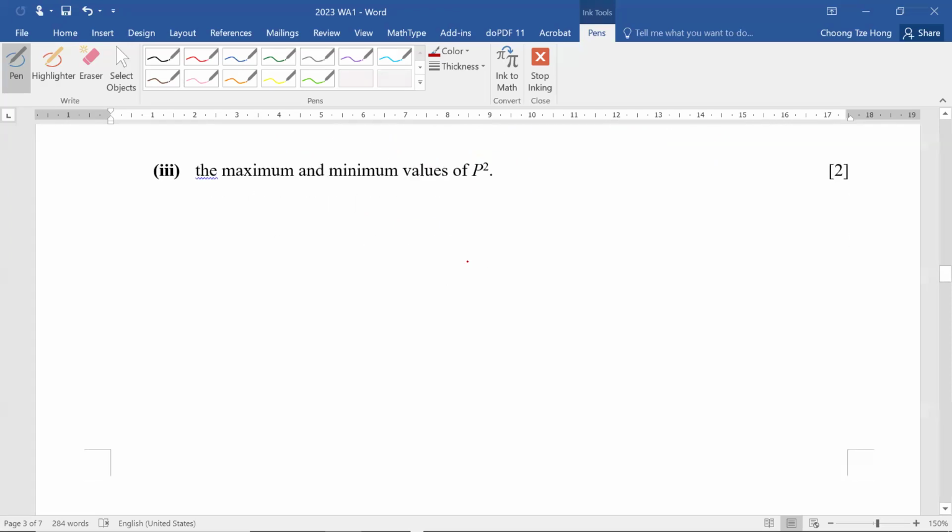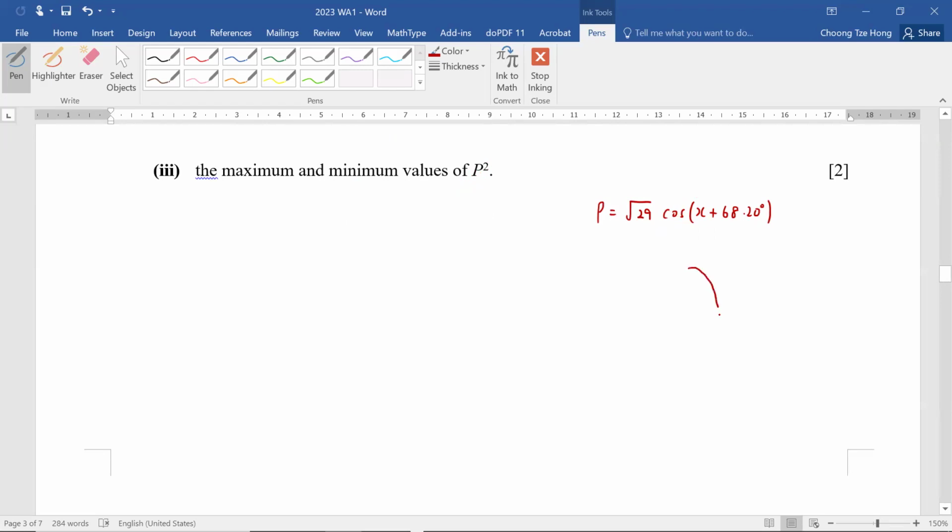Then let's do the last part. For the last part, we want to find the maximum and minimum values of p squared. If you recall, we have expressed p in our formula form: square root 29 cosine of x plus 68.20. This is just a cosine graph with an amplitude of square root 29.